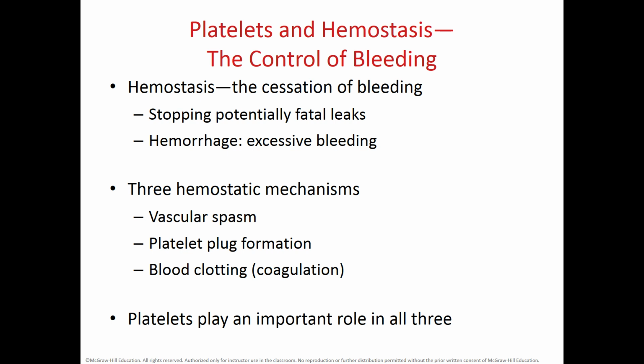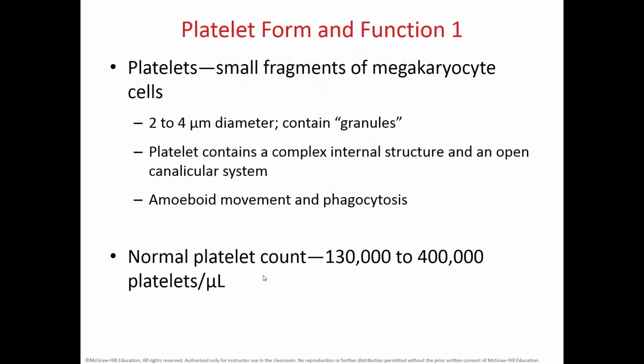This is known as vascular spasm. And then afterwards, you will start forming a platelet plug, and then you will start forming a blood clot through the coagulation cascade. And platelets play an important role in every step of the hemostatic mechanism.